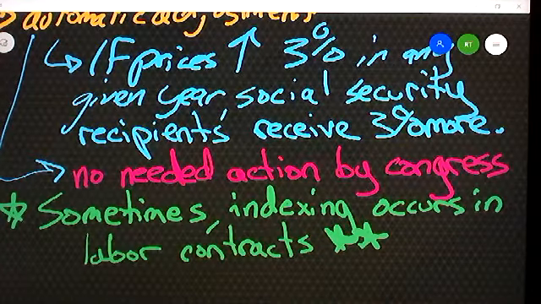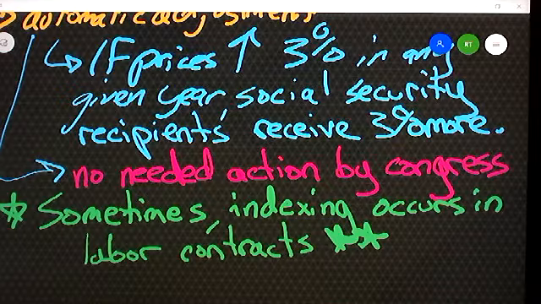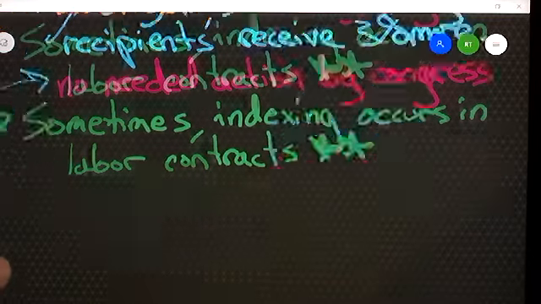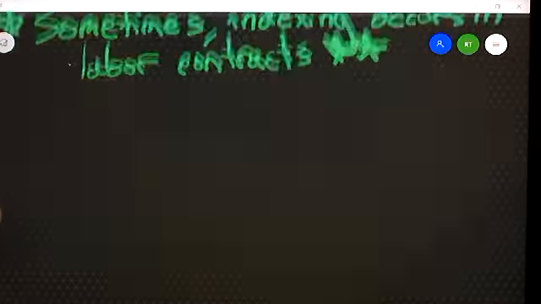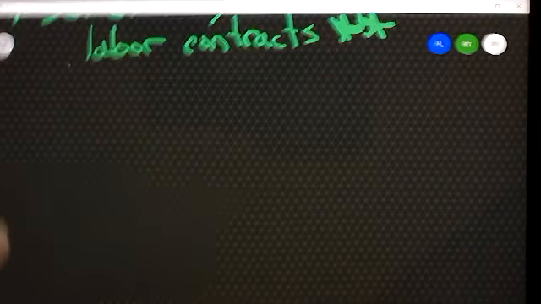And no more serious labor contract than the military, right? So let's talk about what that would look like, right? So indexed labor contract, and we'll talk about the minimum wage, and then we'll get out of here. So, sorry, I'll let you guys finish.